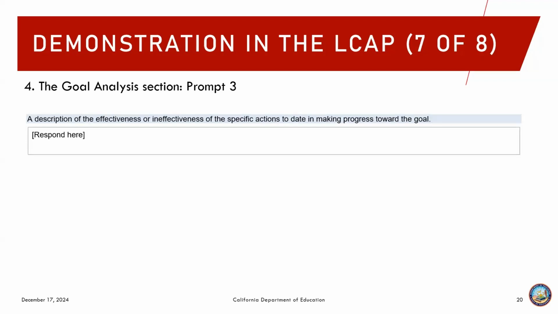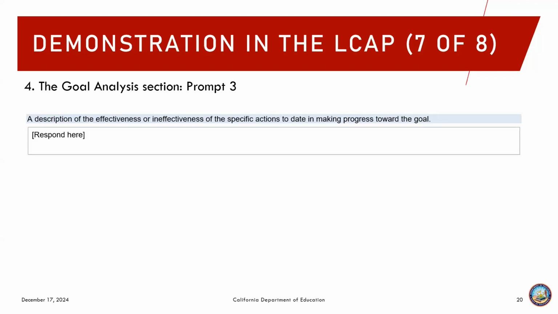And if we go back to the things that we discussed in our goal analysis webinar, this is where we're calling out, based on data and the input from educational partners, how do we know whether or not our actions are being effective? Obviously, our metrics, our measures of progress are going to give us some sort of data that we can reflect back on in terms of how the implementation of these actions is contributing towards positive improvement for students. That's something that we want to call out.